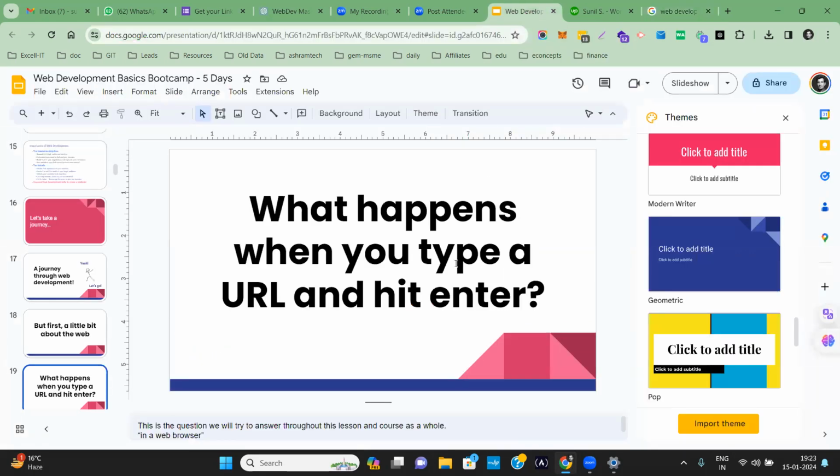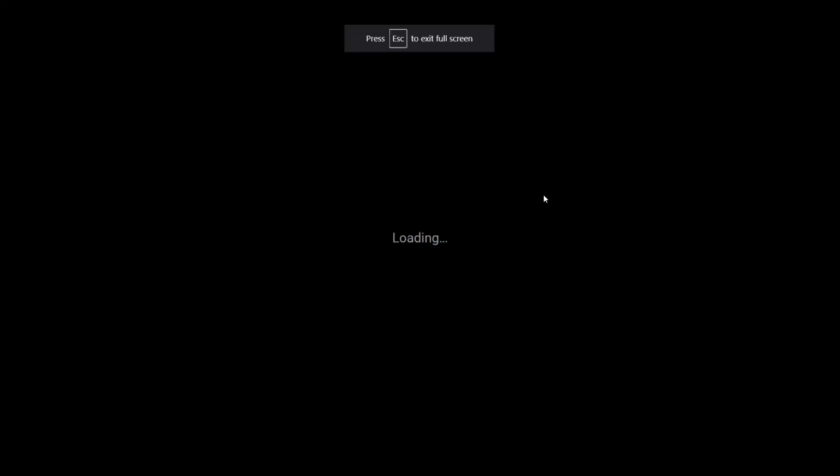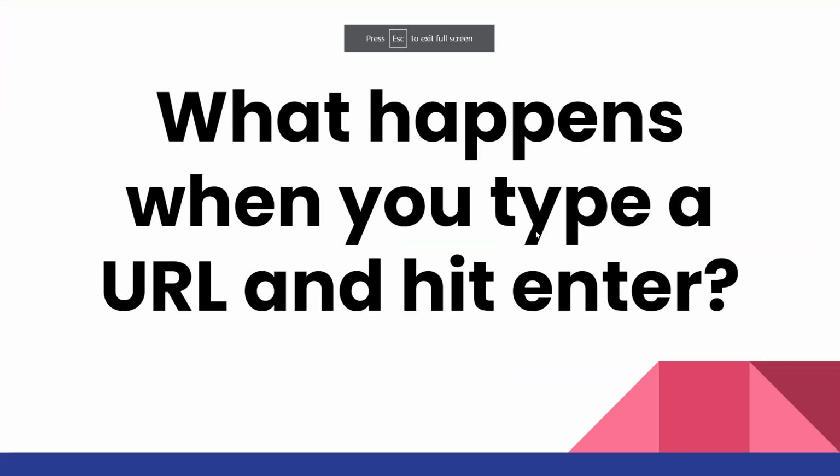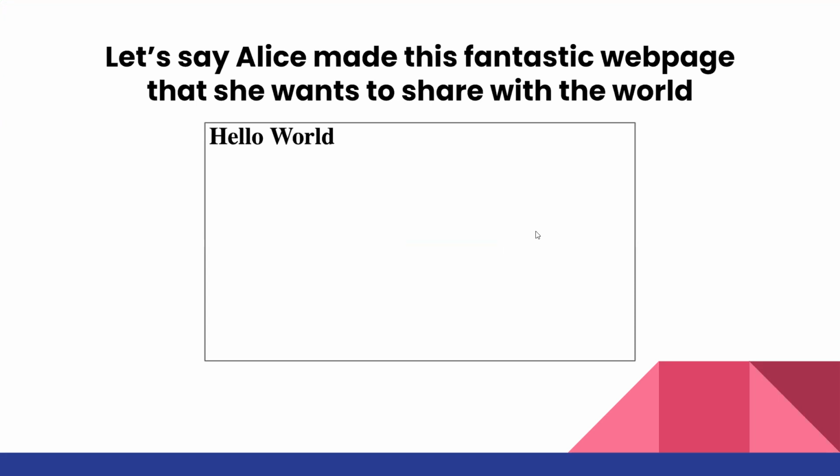So what happens once the user hits the URL? Let's understand. Let's say Alice made this fantastic web page that she wants to share with the world. Simply, this is a web page, and it's showing hello world.